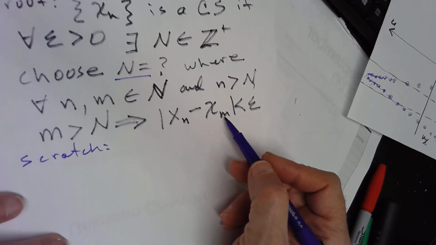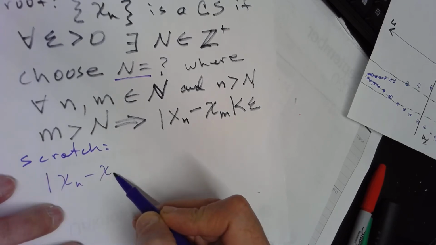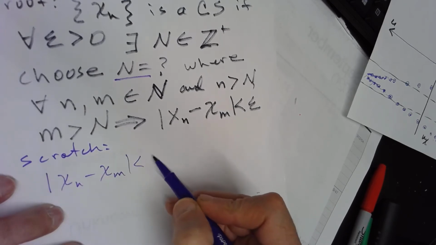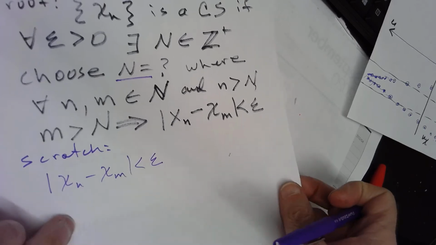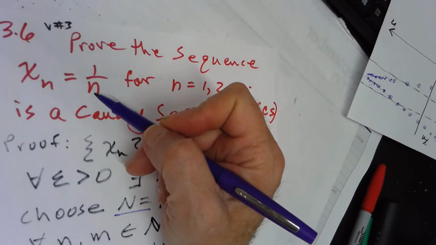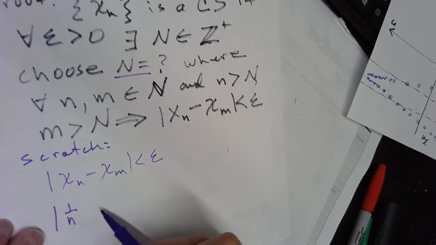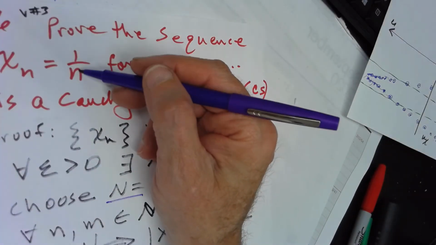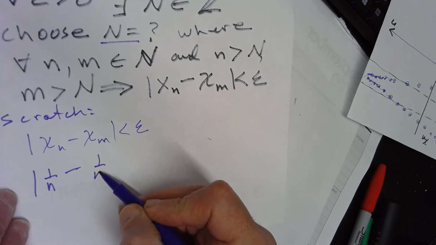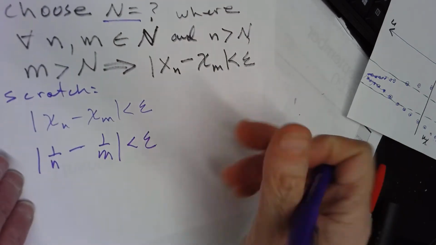The absolute value of x sub n minus x sub m is less than epsilon. So since our x sub n is 1 over n, we can put 1 over n in there. And since we're using m for the other one, we would make this 1 over m. And that's all less than epsilon.